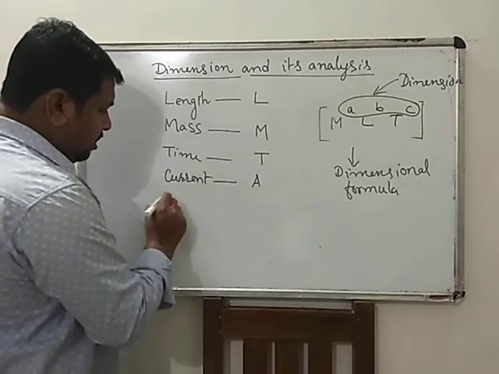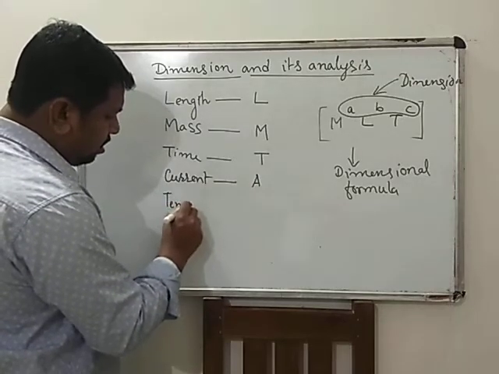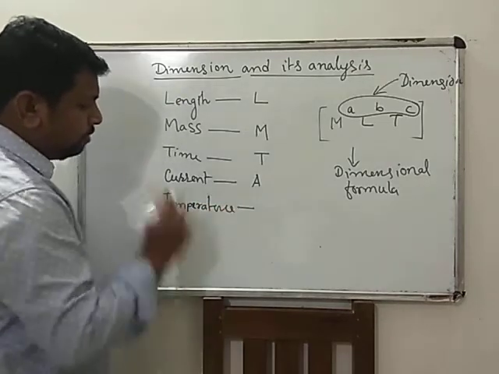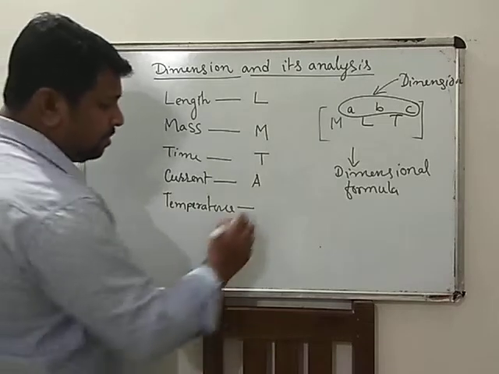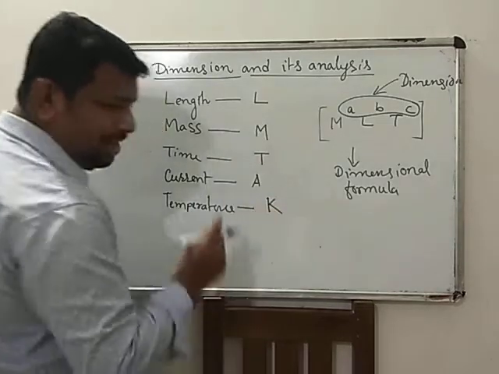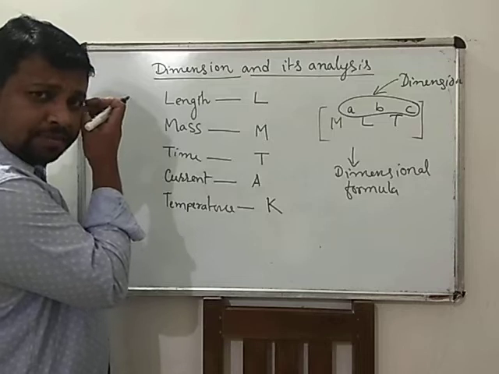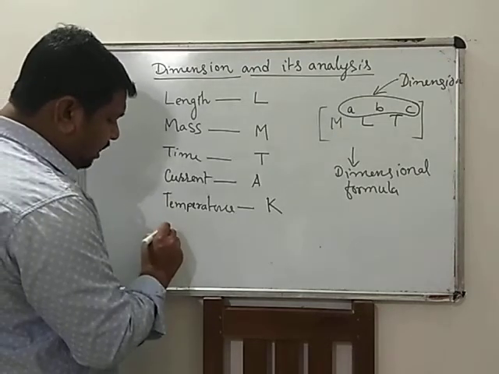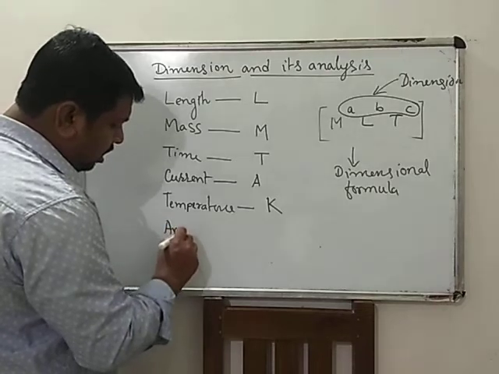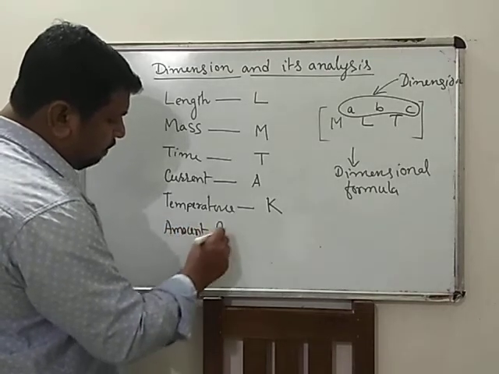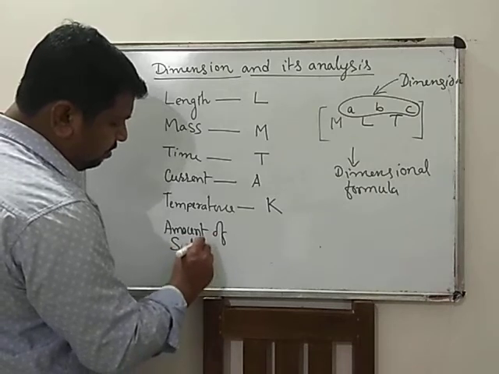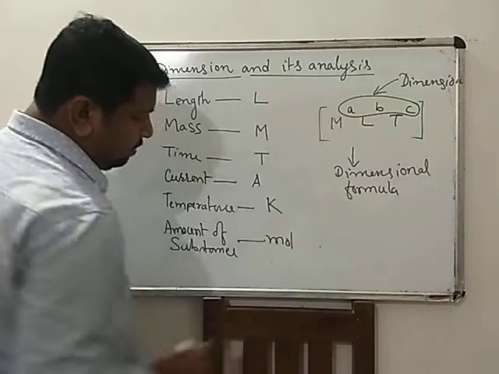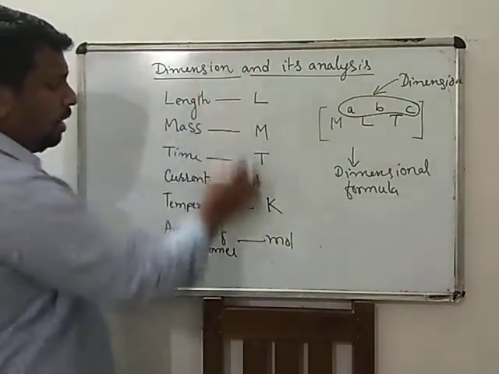Next, temperature. The unit of temperature is Kelvin, so the dimensional formula of temperature is K. Amount of substance: its dimensional formula is mol.